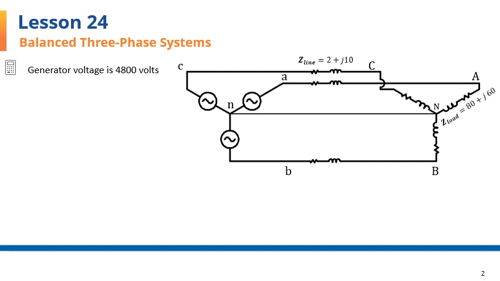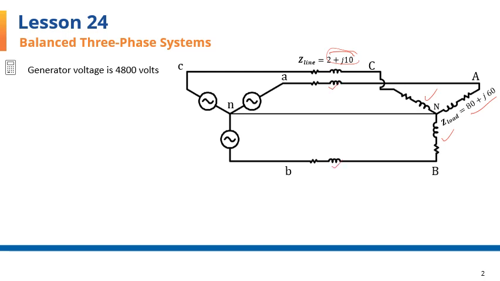We're looking at a balanced system with per phase load impedances of 80 plus j60 ohms and per phase line impedances of 2 plus j10 ohms. To reduce clutter on the diagram, I have marked only one load impedance. The other load impedances are identical to it, and only one line impedance, and again, the other two impedances are the same.